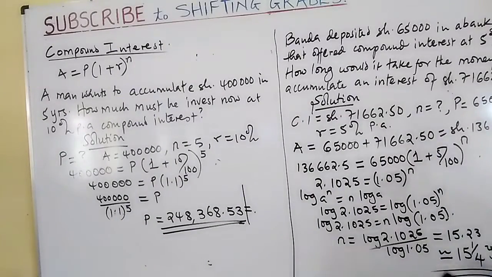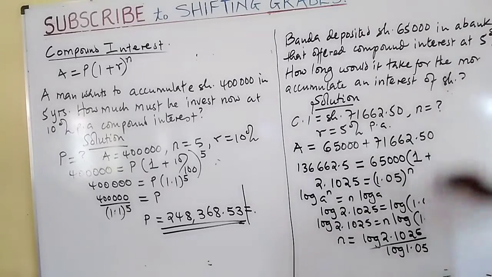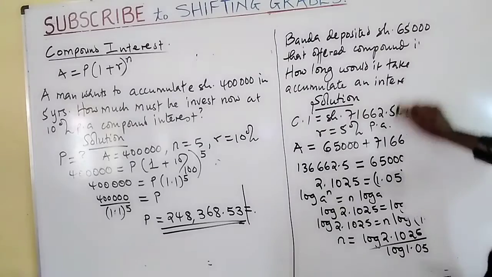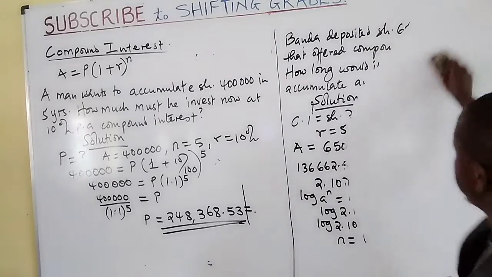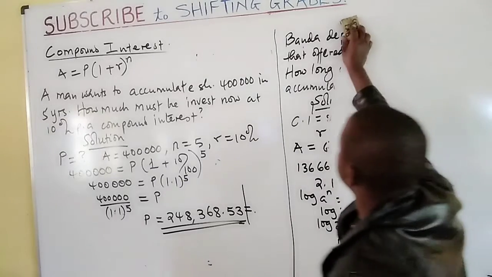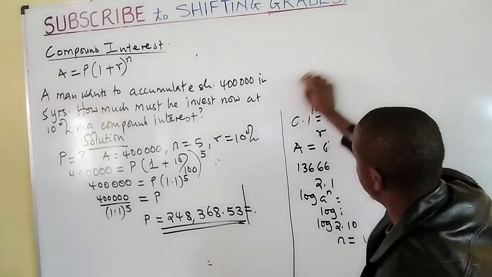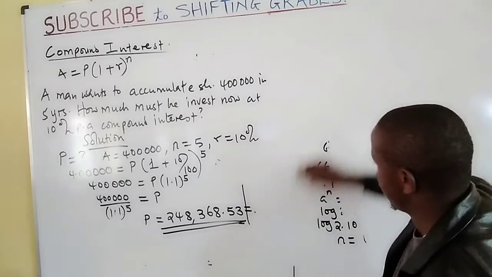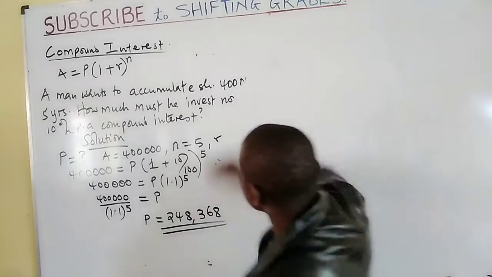So far so good. I'd like to give a question now, talking about compound interest compounded semi-annually, and compound interest compounded quarterly, or every quarter of a year.